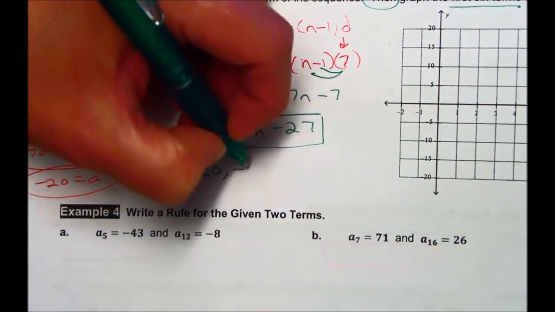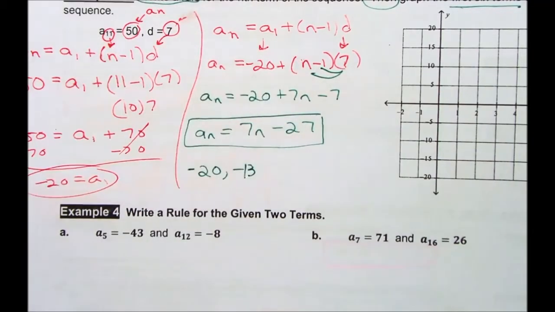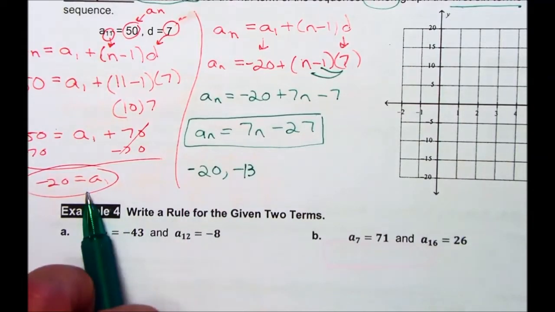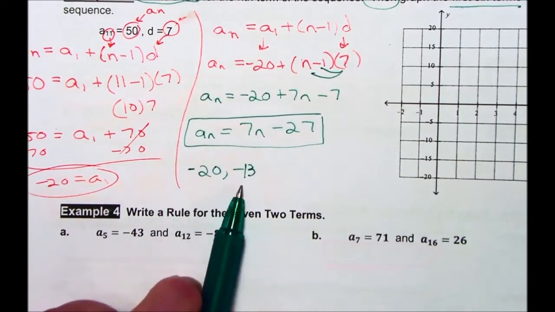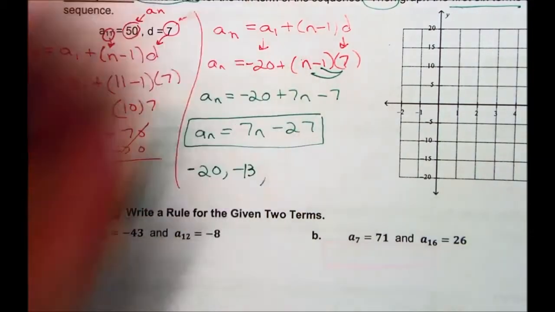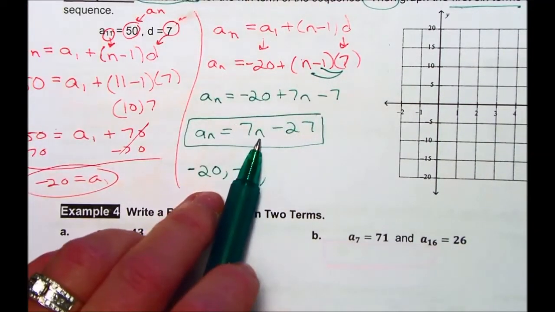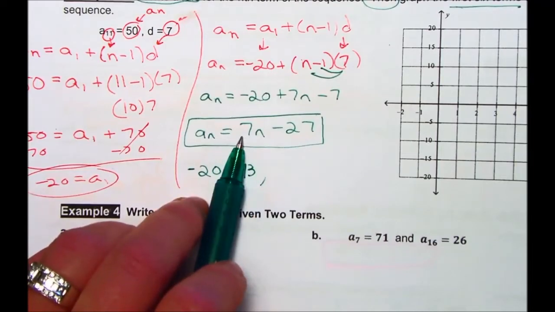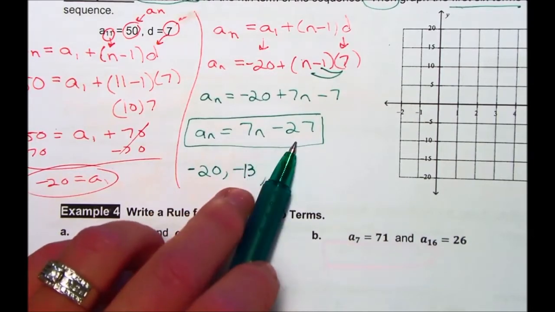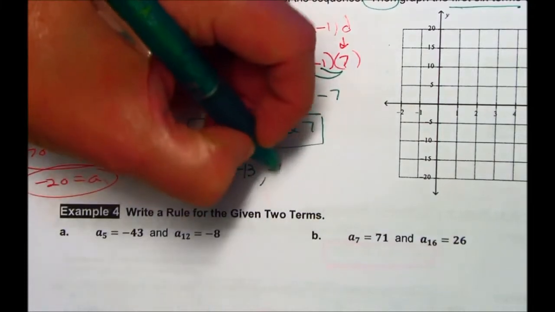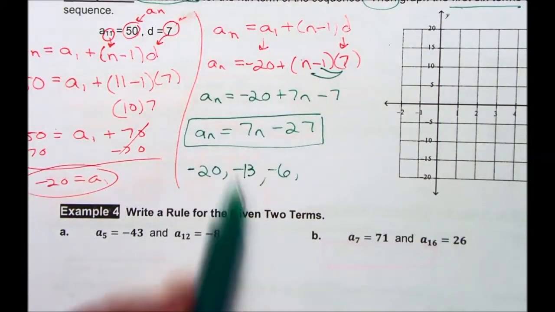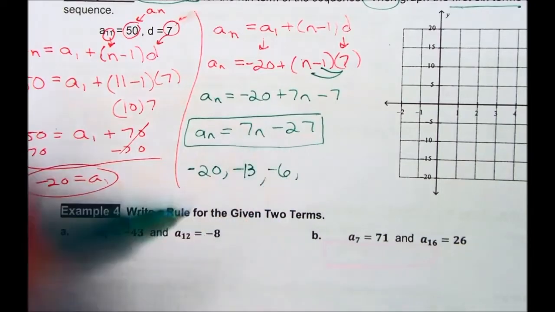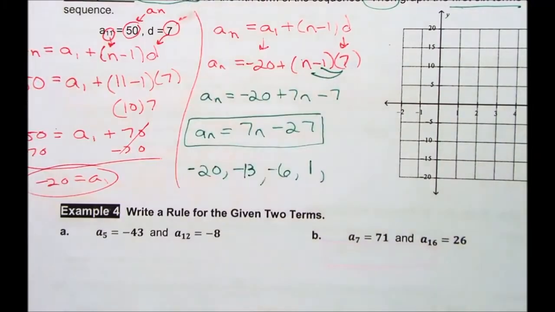So your first term is negative 20, the second term is negative 13, and we got that by substituting 2 into the equation. Now substitute 3. So 3 times 7 would be 21, minus 27 is going to give us a negative 6. Then plug in 4. 4 times 7 is 28, minus 27 is going to be 1.